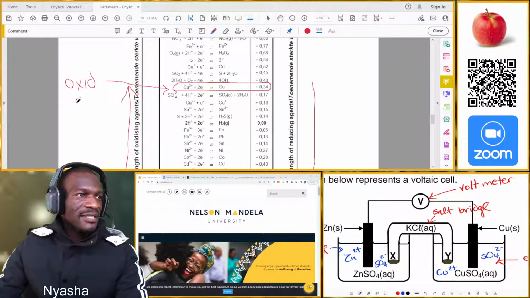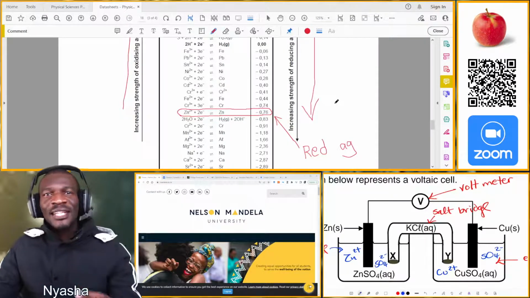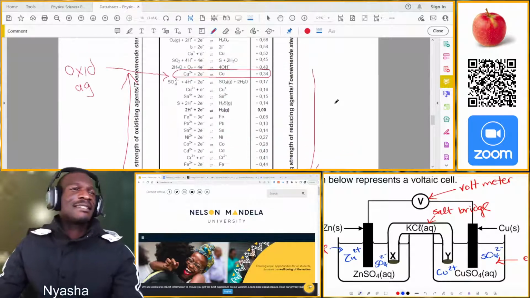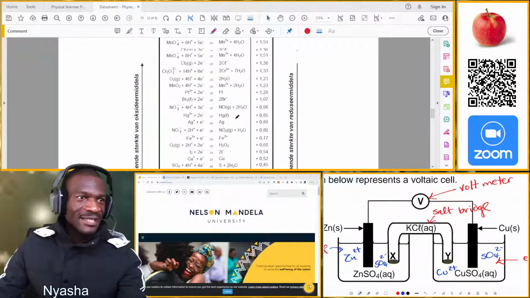Then our zinc becomes the reducing agent. Why? Because according to the electrochemical series, our zinc is further down, isn't it?